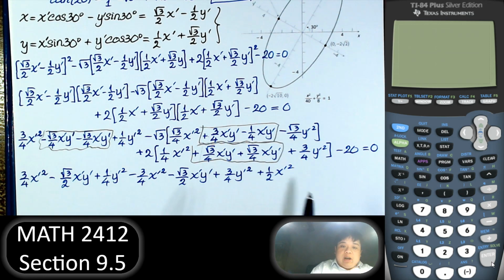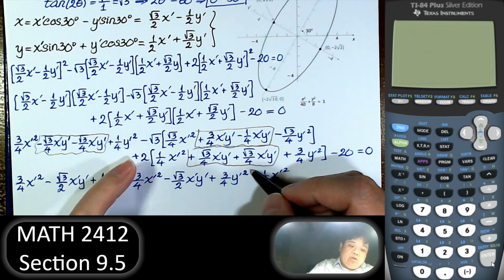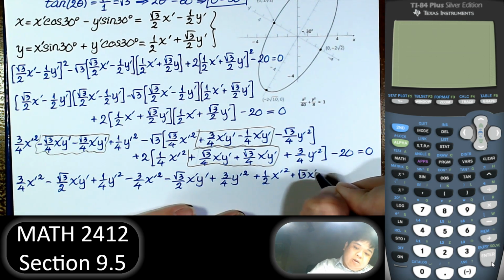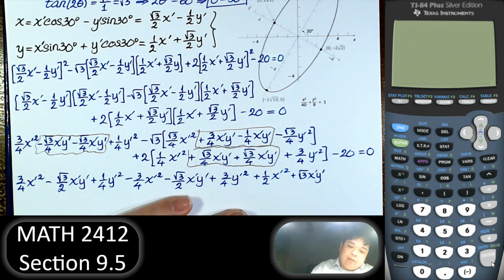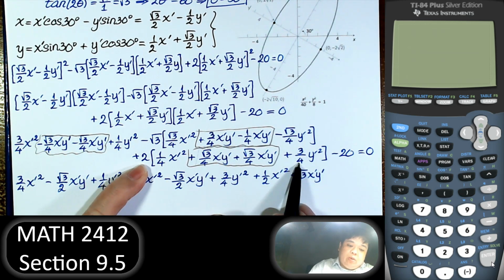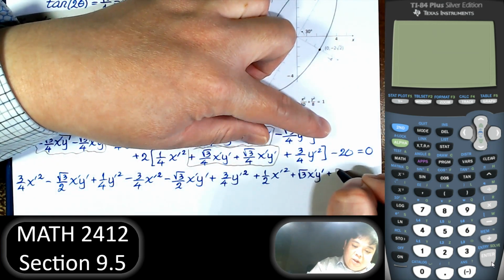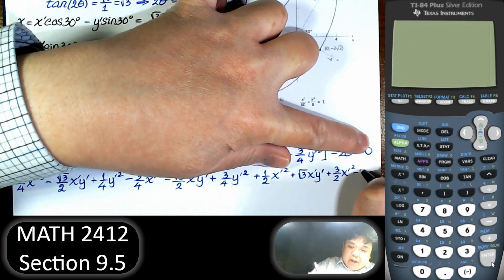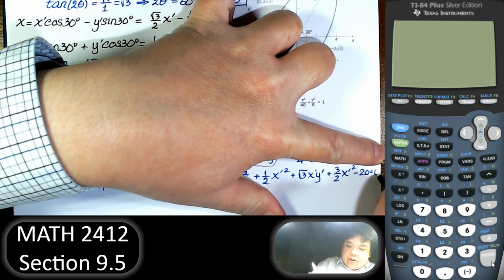The 2 cancels, so we just have square root of 3 x prime y prime. 2 and 3/4, 2 and 4 cancel out. We have 3/2 x prime squared minus 20 equal to 0.